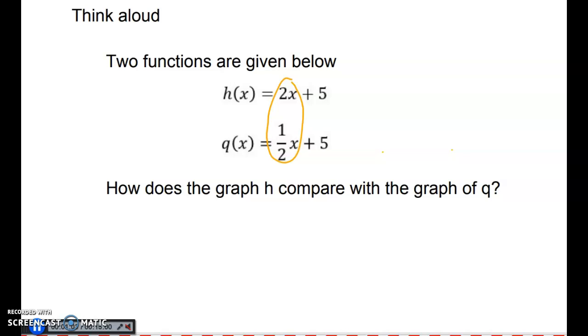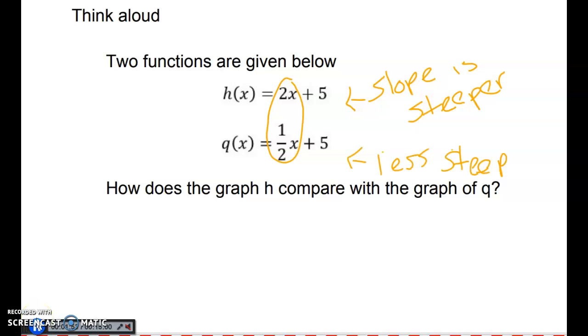If the number that is my slope is bigger than the other one, it's going to be steeper. So I see 2x, I know that is going to have a steeper slope compared to 1/2. So I want to put that as a note. That means q of x, which has the slope of 1/2, will be less steep.